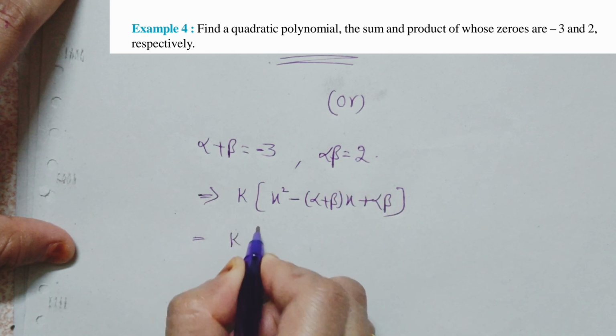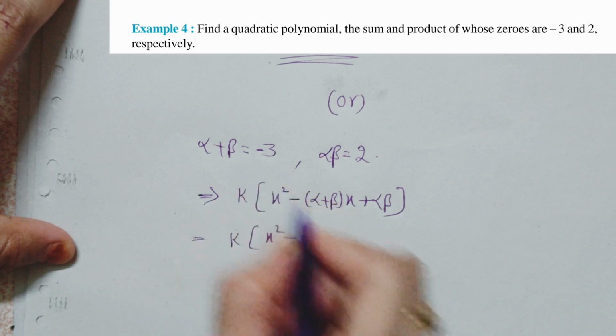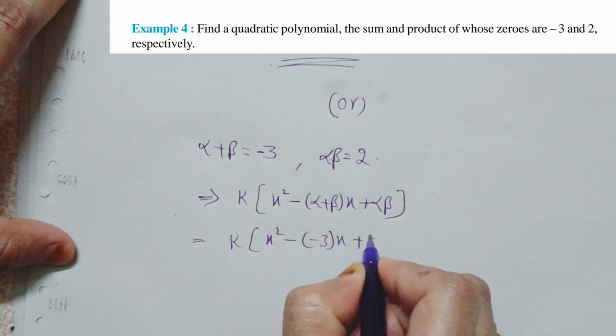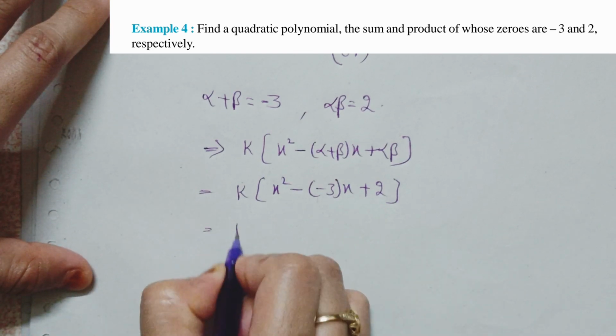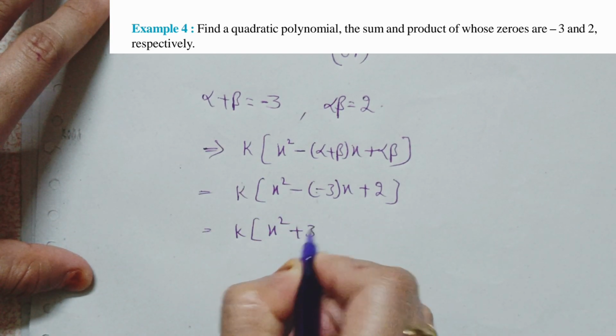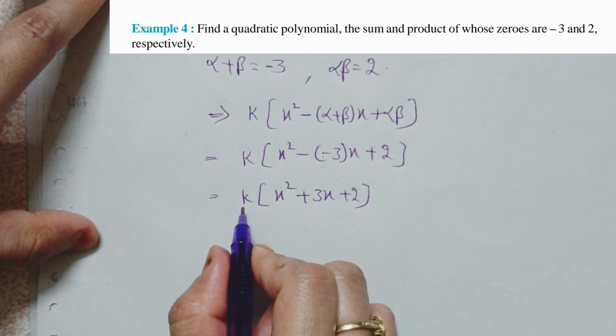Okay, let's see this. K of x square minus of what is alpha plus beta? -3 of x plus what is alpha beta? 2. Okay, here k of x square minus of minus is plus 3x plus 2. Here k is there.